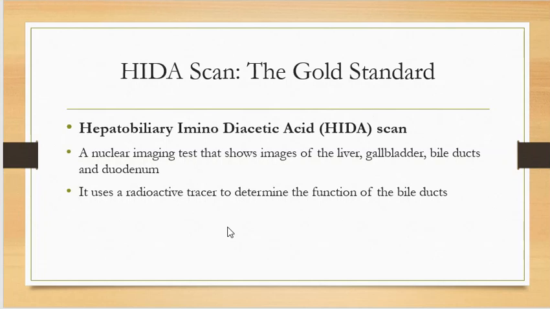So if there is an obstruction, they can actually retrieve that stone, which is really nice. After a patient has an ERCP, we have to make sure, with anything that we do orally that's invasive, any type of visualization, an upper GI, those kinds of things, that post-op, our nursing intervention is to make sure that they have a gag reflex present afterwards, right? We want to make sure.